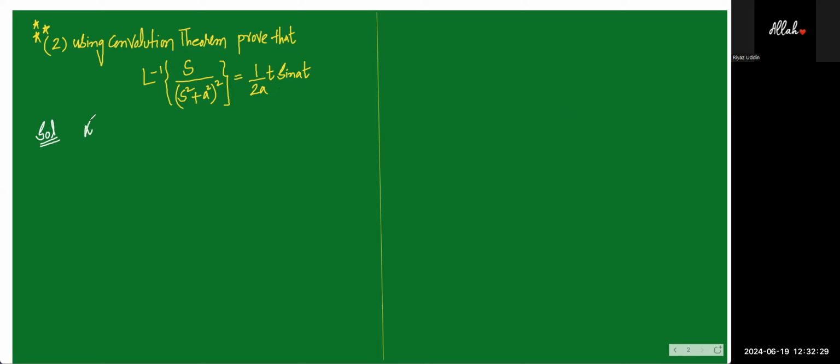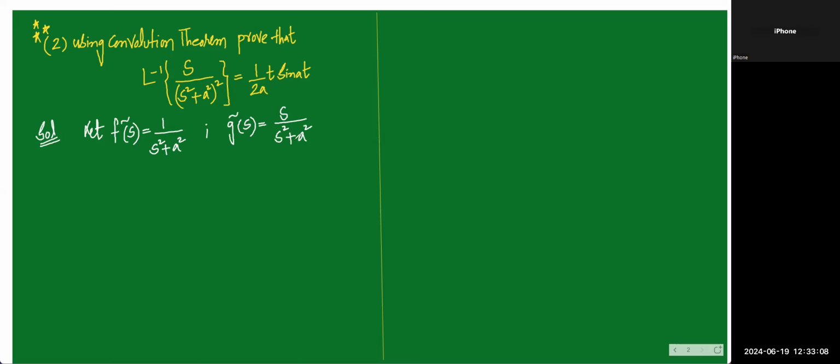Let us say one function is f bar of s equals 1 by s square plus a square. In the denominator there are two terms, and in the numerator there is s. You can take either the first term or the second term, the choice is yours. And g bar of s is equal to s by s square plus a square. Can we write like this? Yes, we can take that for this function also, no problem.